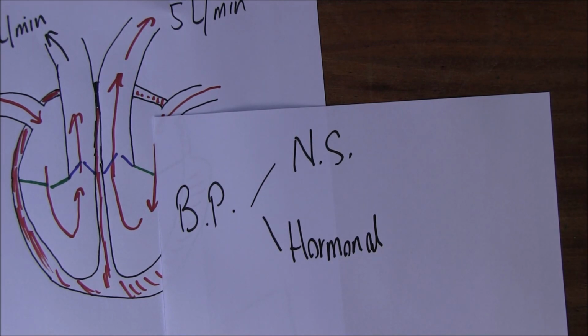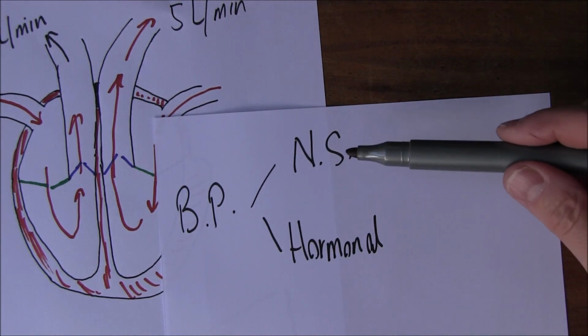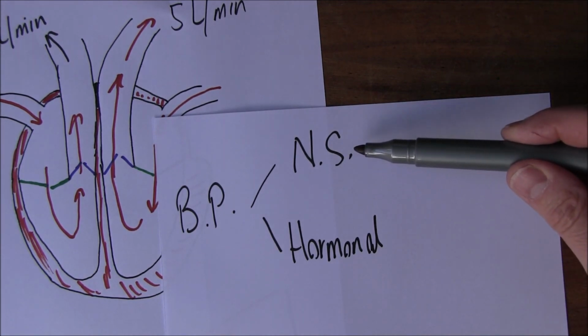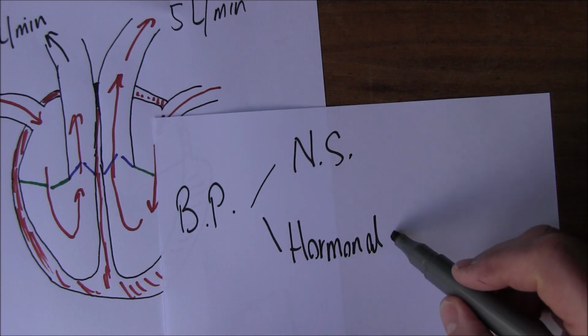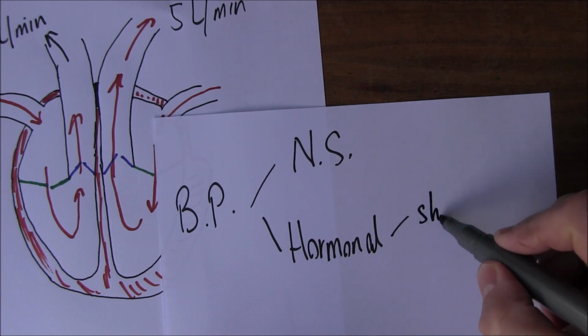Now, the nervous system is able to adjust cardiac output very quickly over periods of a few seconds. So very often short-term control is controlled by the automatic part of the nervous system. Now, hormonal control, actually, when you think about it, can be fairly short-term.